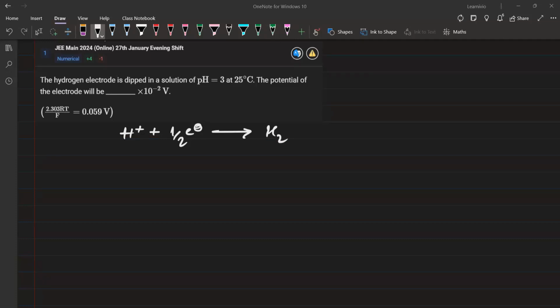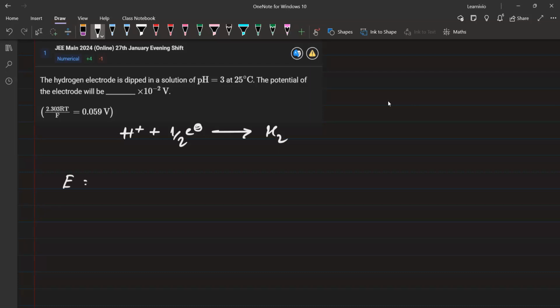Yes, Tarif, correct, but you have to give it in numbers only. You have to put it like 10 to the power minus 2 volts also. Okay, please see here, guys. So this will be equal to half electrons and H2.